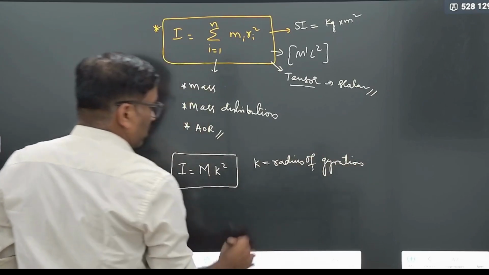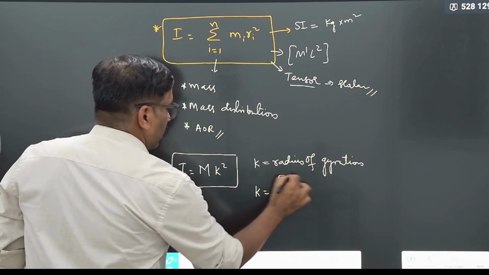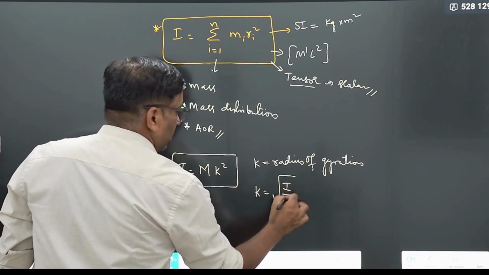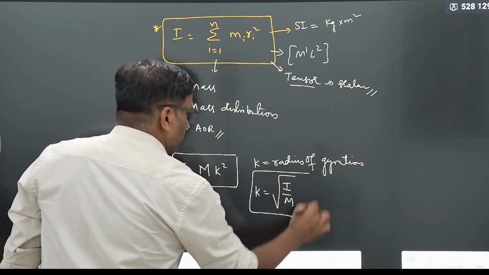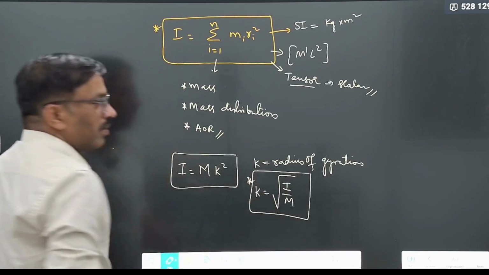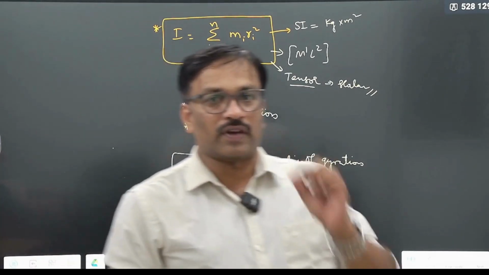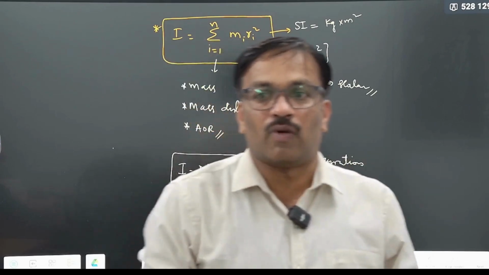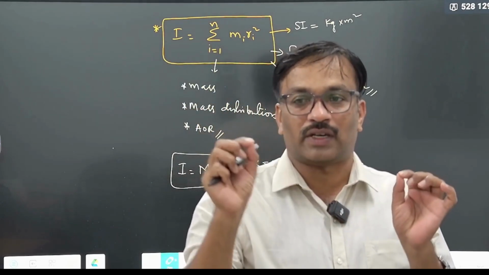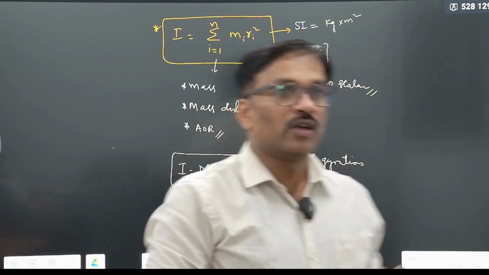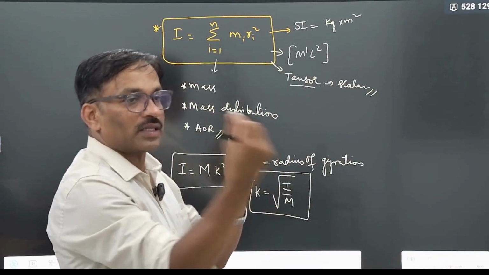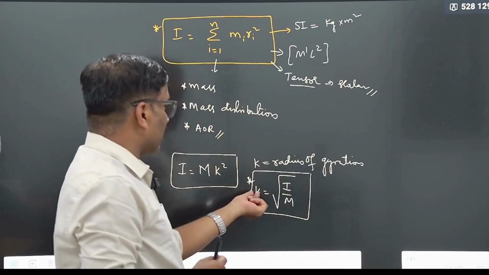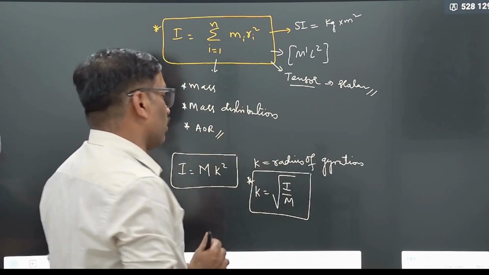We can rewrite it as k equals the square root of I by M. The radius of gyration is the effective distance. Instead of taking each and every mass, for the total body there is some effective distance from the axis of rotation at which the whole mass is taken to be concentrated.